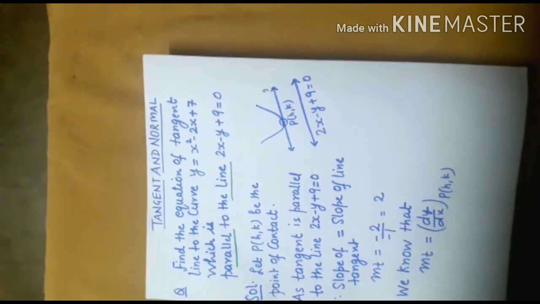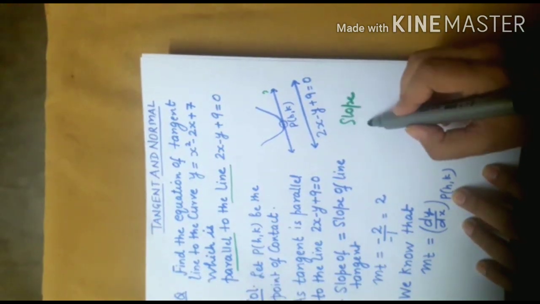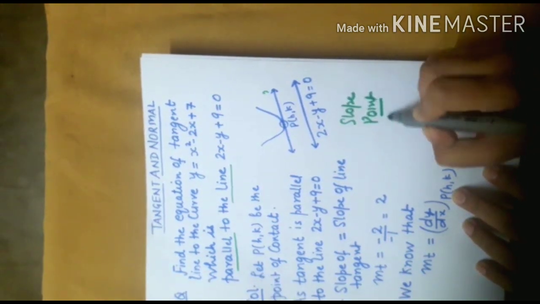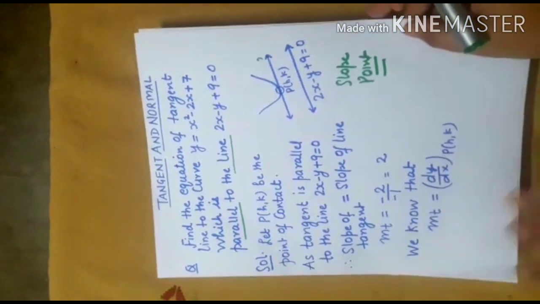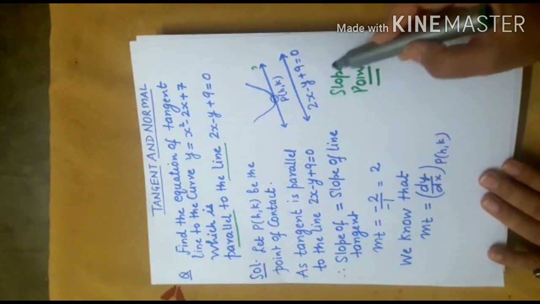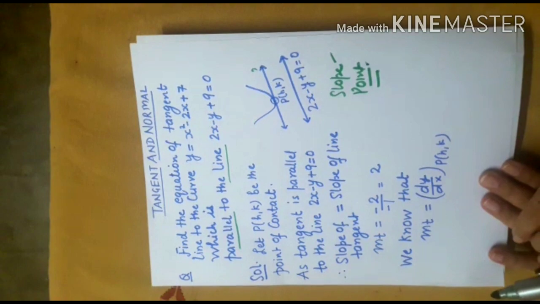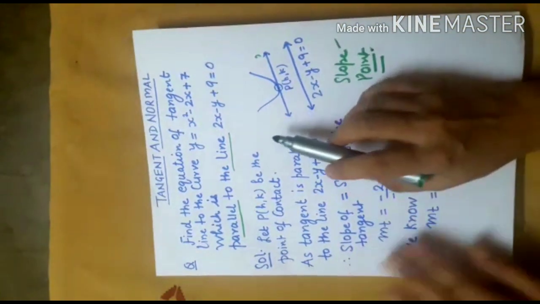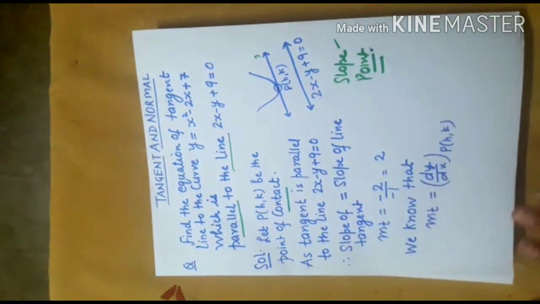Right? Now tangent is a line, and we know that in order to write the equation of a line, we need to know two things. First, the slope, and then a point. So we will try to find the slope of the tangent line and a point on the tangent. Let P(h, k) be the point of contact.